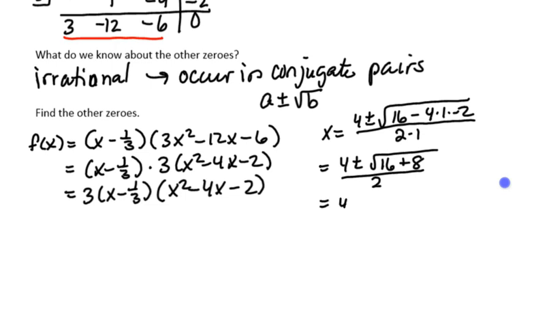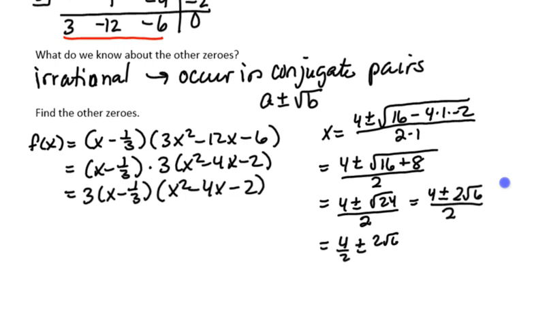So this is 4 plus or minus the square root of 24, all over 2. Well, 24 is 4 times 6, so this is 4 plus or minus 2 the square root of 6 all over 2, which is 4 over 2 plus or minus 2 the square root of 6 over 2. So this reduces to 2 plus or minus the square root of 6.